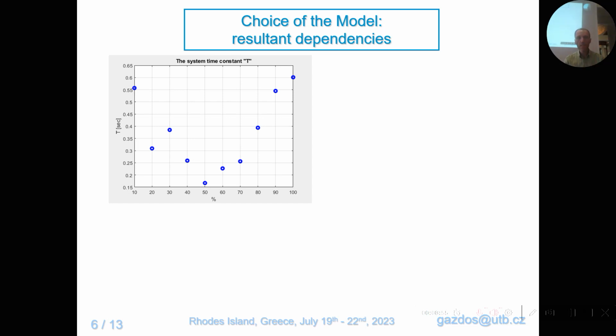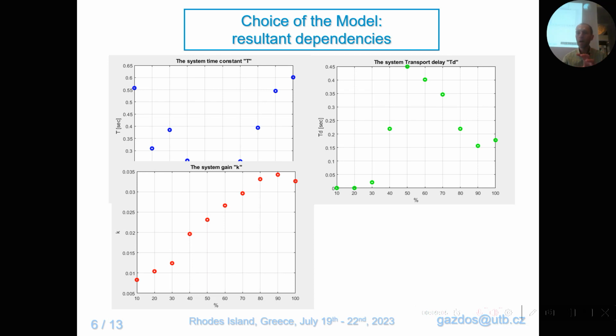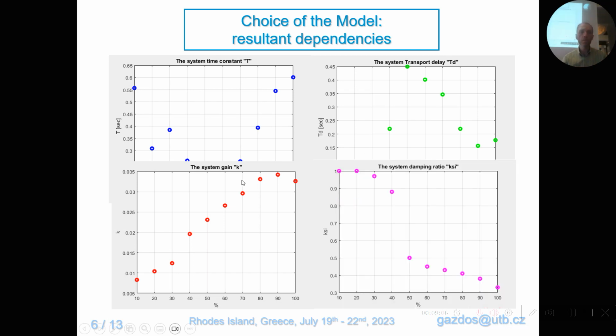Then we obtain this variation of the coefficients of the model based on the opening of the valve. For example, the gain of the system varies like this, depending on the state of the valve controlling the steam.